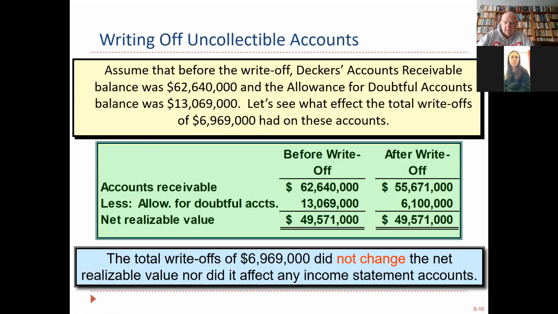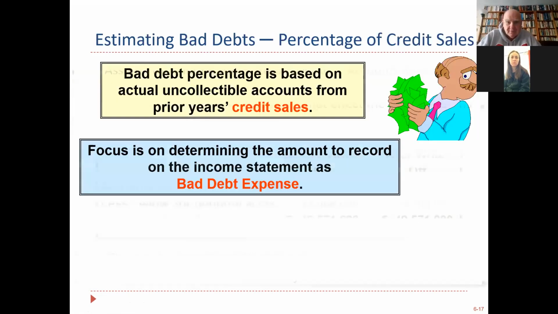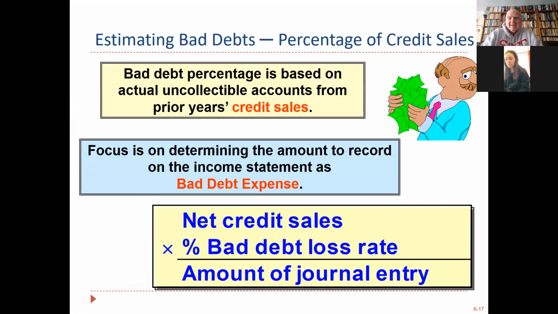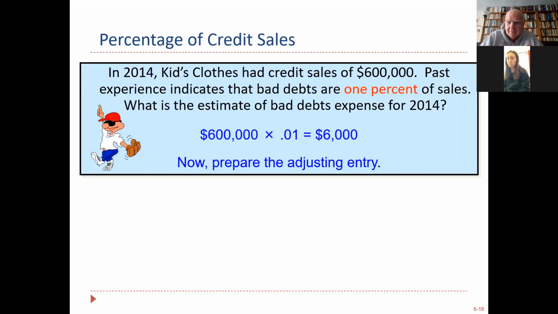Okay. Now, estimating it. Now they're going to show us how to figure it out, okay? The sales method, very easy. You multiply your sales for the current month times the percentage, and that's your bad debt expense.